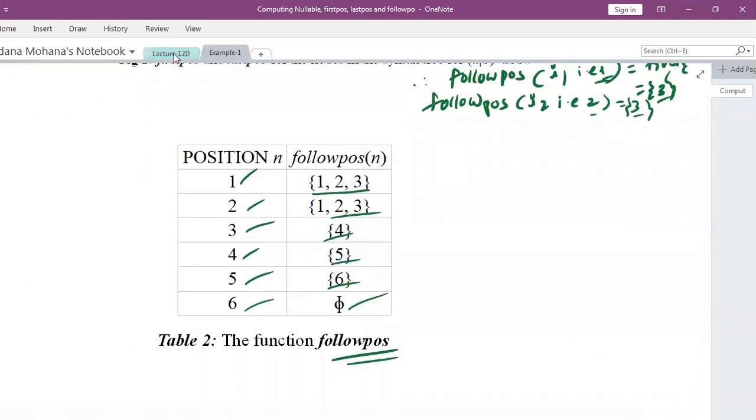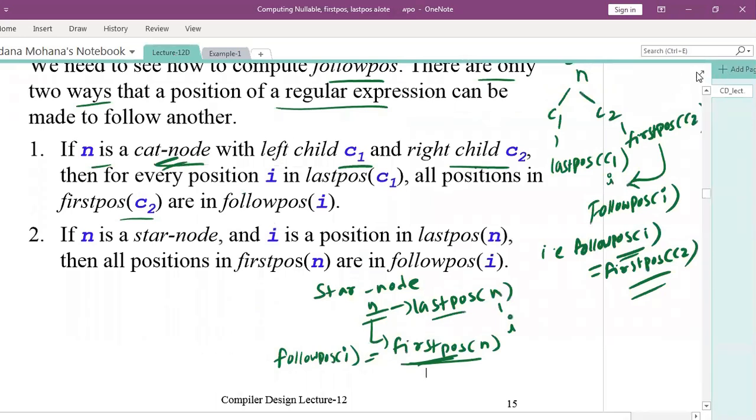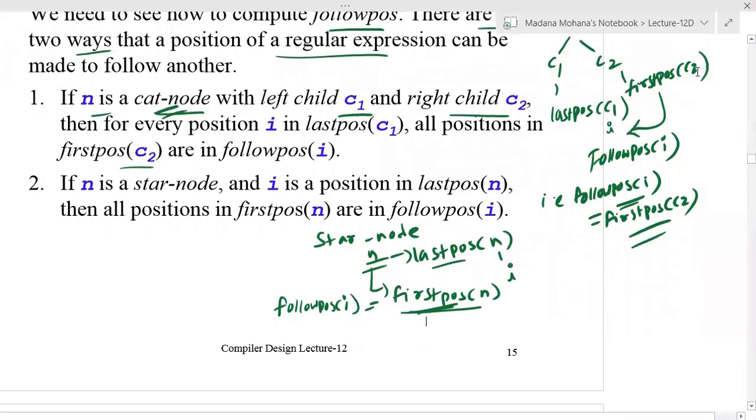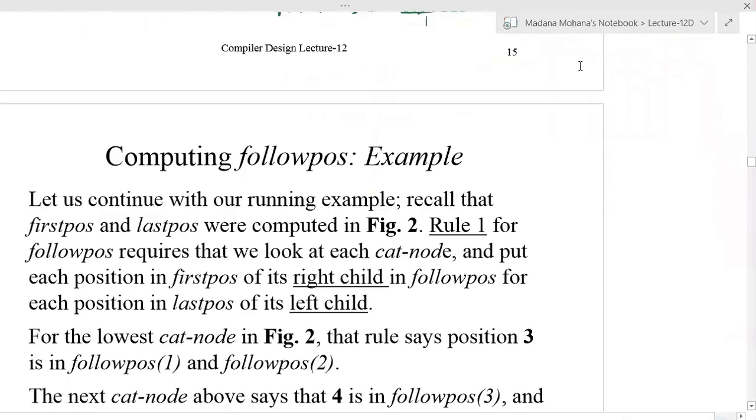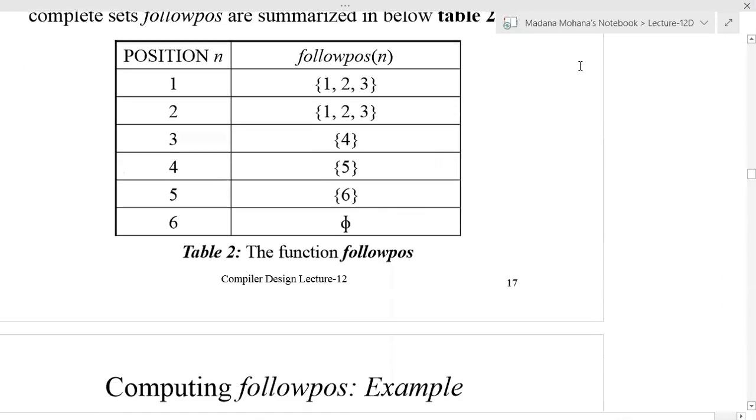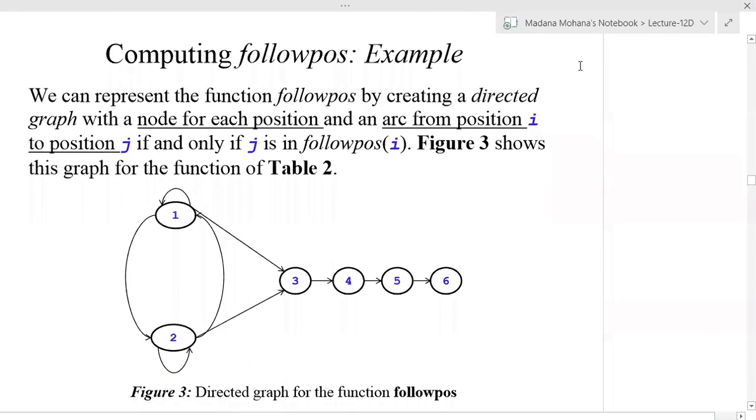Now, after finding these values, what do we have to do? We will proceed further. After computing the follow position values, by using them we will represent the follow positions by a directed graph, creating a node for each position.